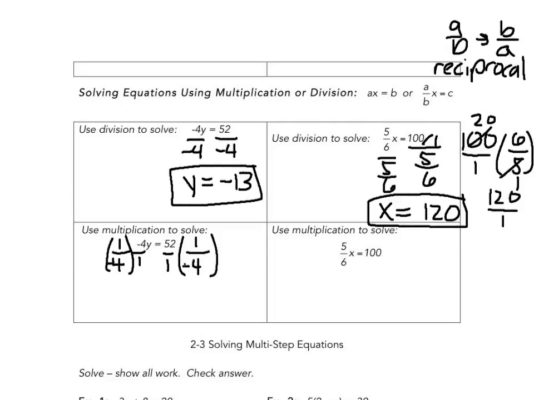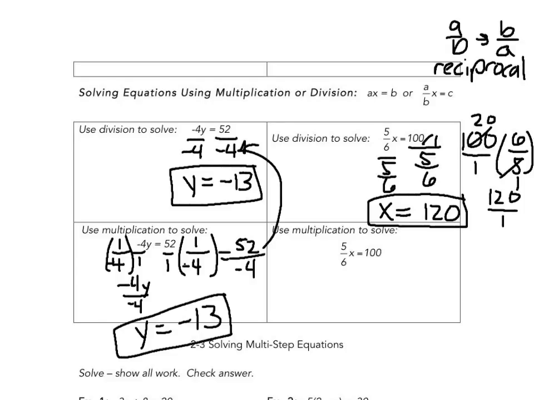That gives me negative 4y over negative 4, which is 1. So I get y. And then multiplying across here gives me 52 divided by negative 4, which we've shown up here is going to be negative 13.